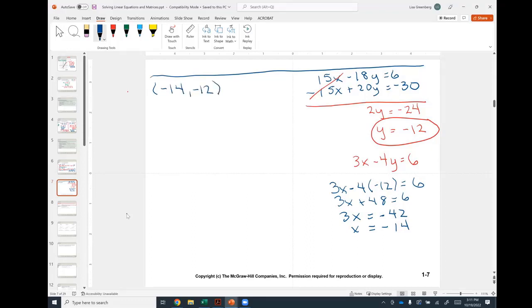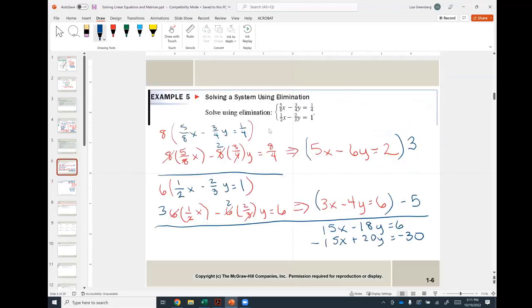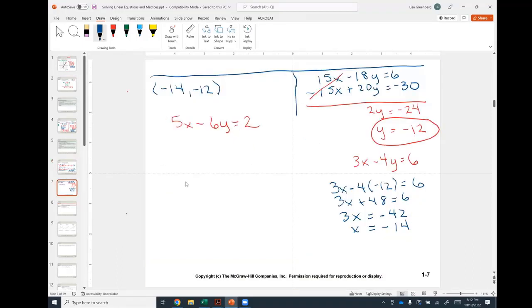And I probably should put these values back into the other equation. So if you use one equation to solve it, you should use a different equation to check it. So I'm going to use this equation and plug those values in.